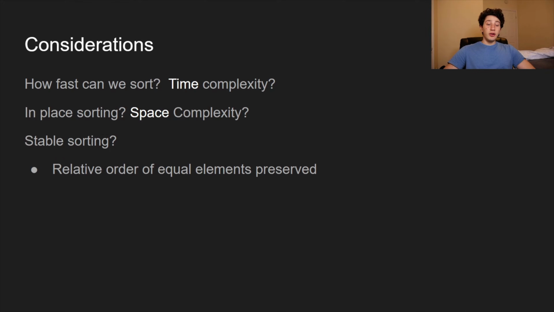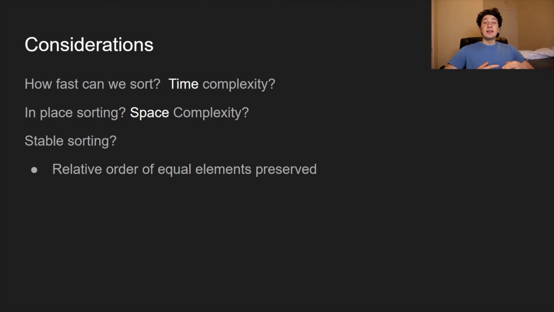So there are a few considerations when we're talking about sorting algorithms that are good to keep in mind, because this is how these algorithms differ from one another. The first thing to think about is how fast we are actually executing this sort. What's the time complexity in terms of asymptotic bounds? What about the space complexity? Is this an in-place sorting algorithm, meaning that it's going to be O(1), or are we going to need to add some sort of auxiliary data structures in order to work everything out?